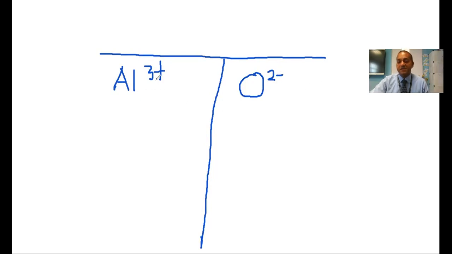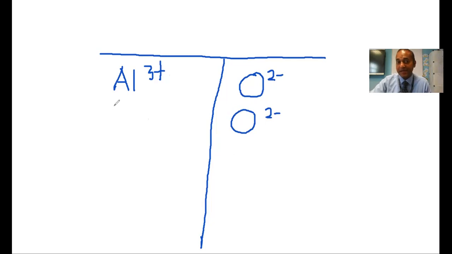So we can see I have a 3 plus on my left and a 2 minus on my right. It is not balanced, so I probably need some more negative charge. I'm going to take another oxygen ion. Now I have 4 minus on my right and 3 plus. It's not balanced yet, so I probably need some positive ion.